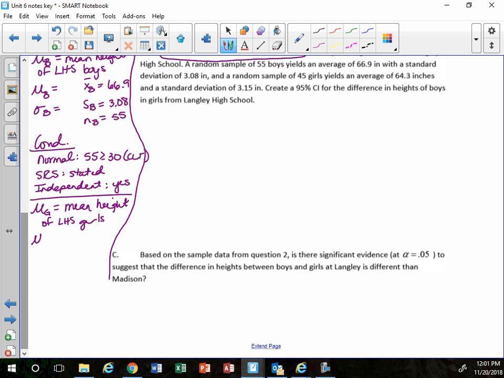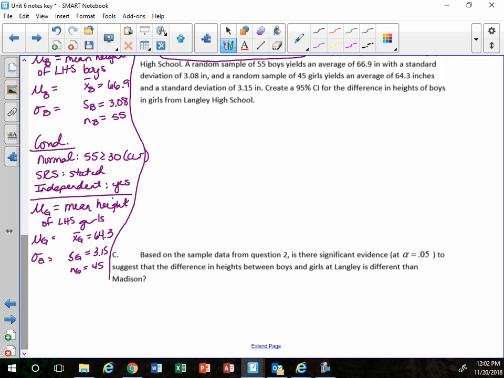And again, we do not know mu of g or sigma of g. We do know x bar of g, which is 64.3. S of g is 3.15. And my sample size was what, 45?